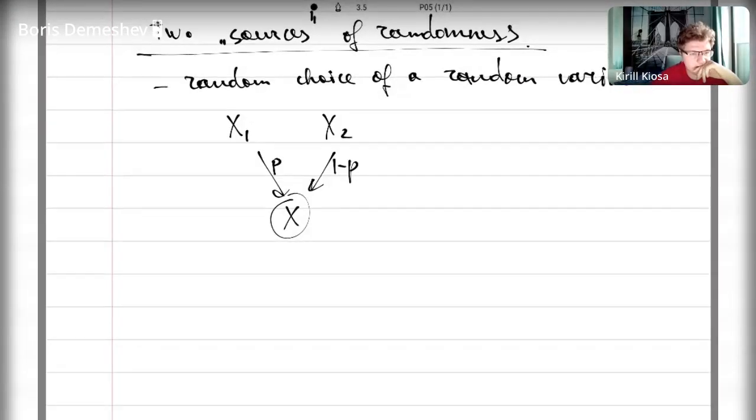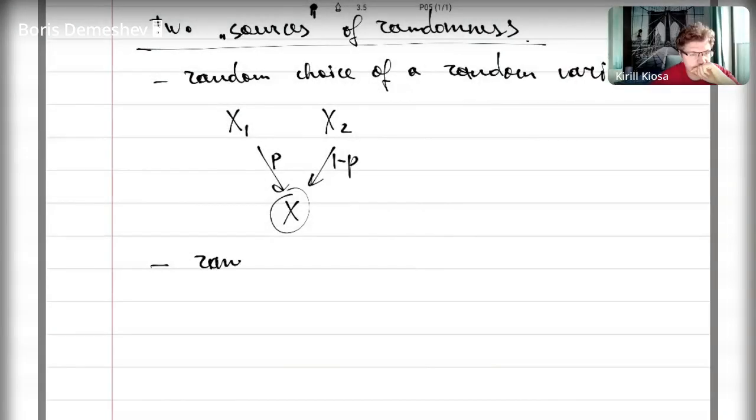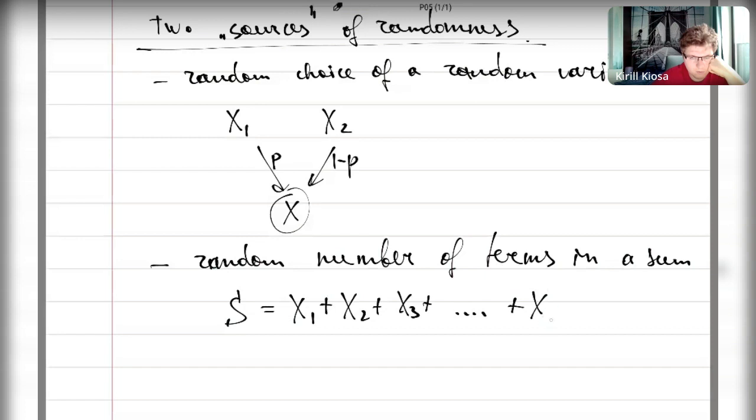The other popular source of randomness in the London external exam questions is the random number of terms in a sum. So you have a sum S, you sum up x1, x2, x3, up to xn, but this n is a random variable.